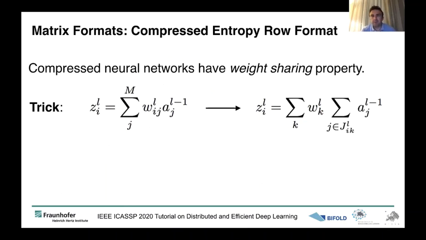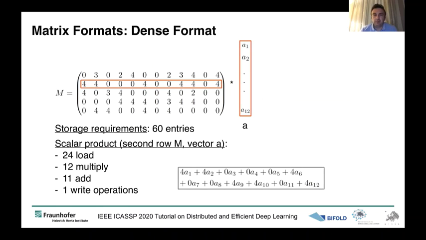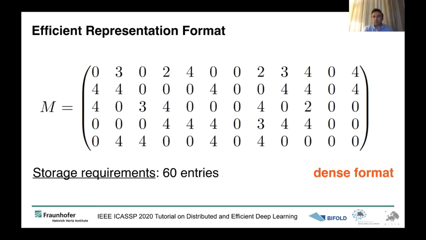And what we have come up with is another format, which is called compressed entropy row format, because it works well for neural networks having the weight sharing property. Here, after quantization, we see that many values are the same. In this example, you have just 0s, 2s, 3s, and 4s, so just a couple of unique values.